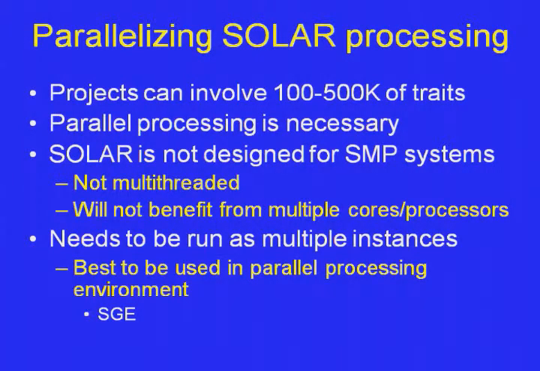Unfortunately, Solar has never been designed for use on symmetric multiprocessor systems because it's not multi-threaded, so you will not gain any efficiency when your processor has multiple cores or your system has multiple processors. To gain efficiency on such systems, you need to run it as multiple instances, and it's best used in a parallel processing environment such as SGE or Sun Grid Engine.